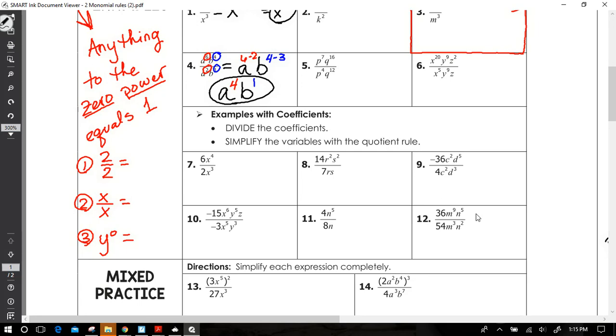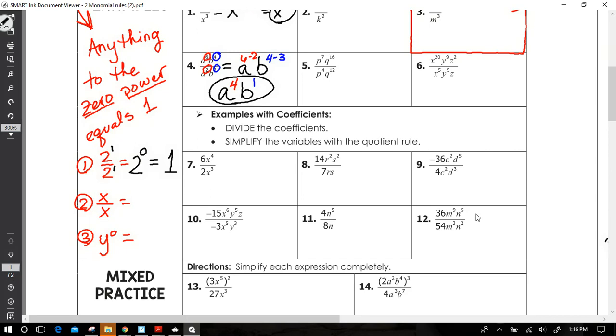So this would be 2 to the 1 power over 2 to the 1 power. So 1 minus 1 for the exponent would give me 0, and anything to the 0 power equals 1. Okay, so you already knew before I told you the exponent rule that 2 divided by 2 equals 1.